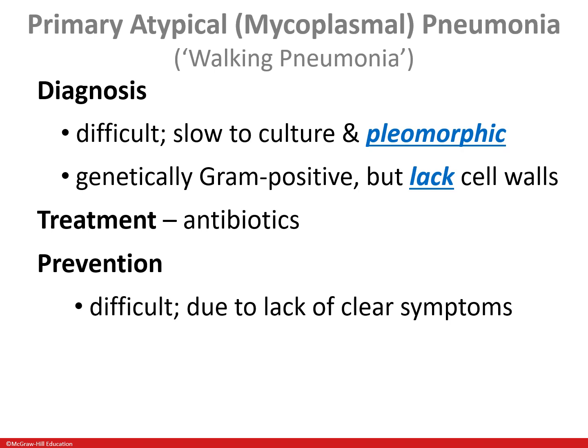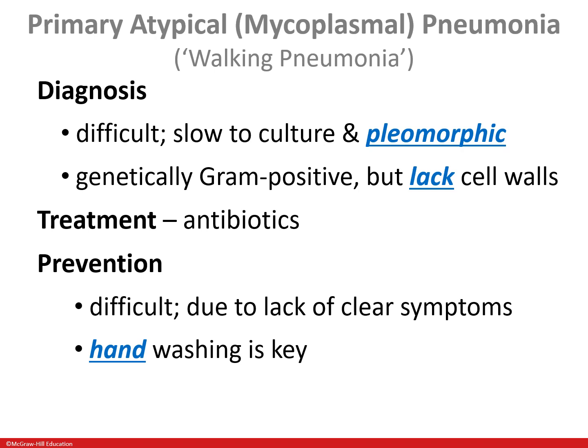And because respiratory droplets is how it's spread, and because most people have very mild or asymptomatic cases, it's difficult to prevent this because there's not a clear set of symptoms that tells people they should either get tested or stay home. So just like other respiratory diseases we're going to hear over and over, even though it's a respiratory disease, washing your hands is absolutely the key to preventing most respiratory diseases because of fomite transmission.